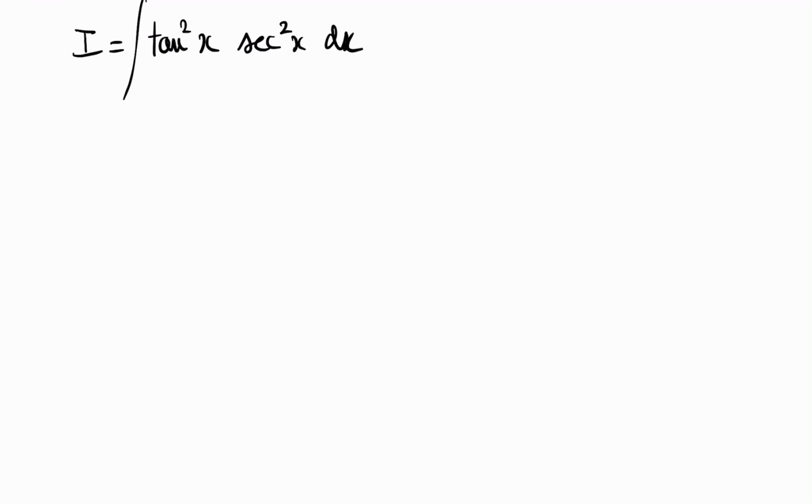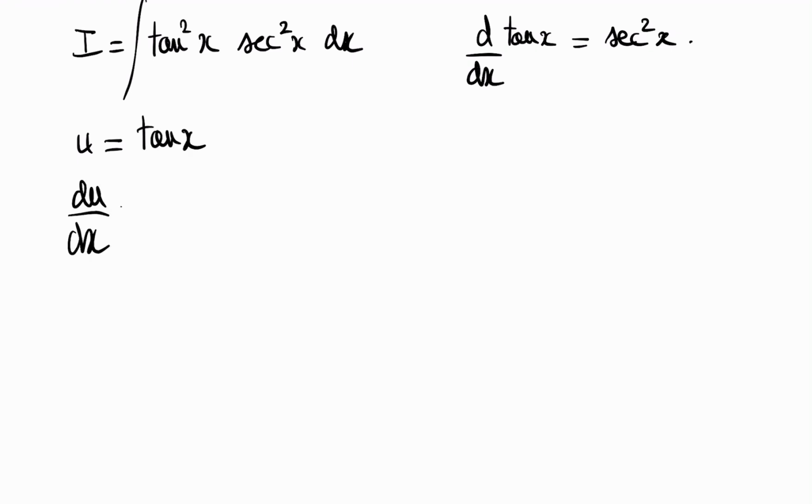What we know is that the derivative of tangent x is secant squared. So I'm going to say u is equal to tangent x, so du over dx is equal to secant squared x.